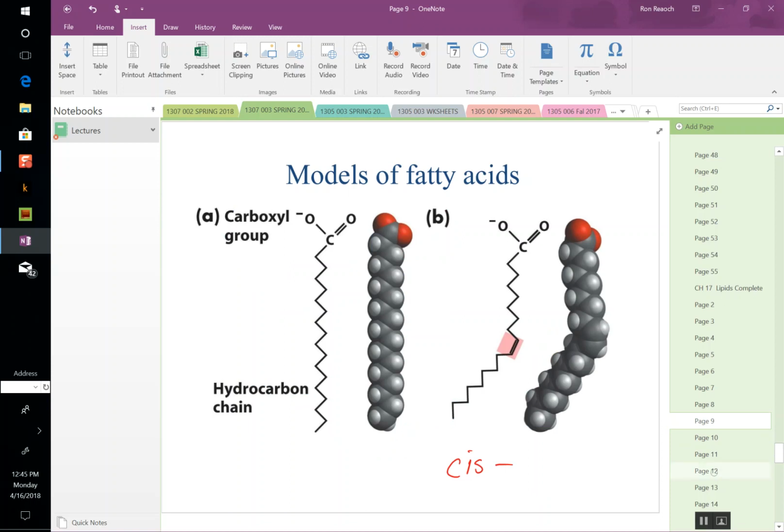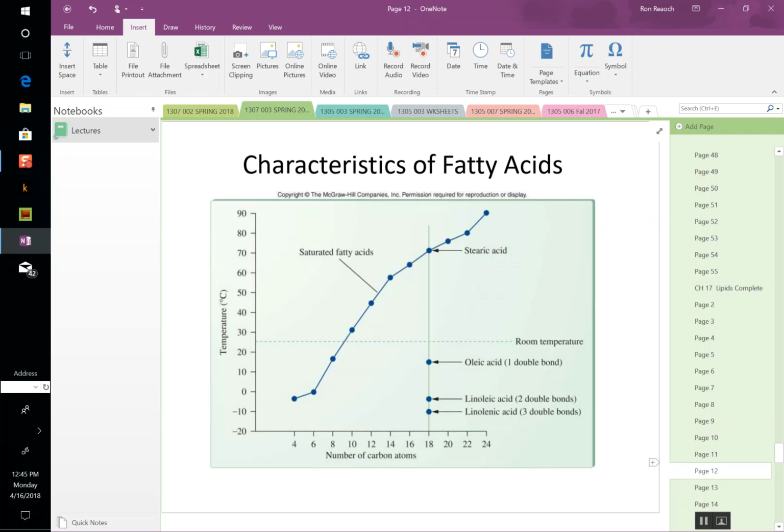Number 12. Okay, and the key point here, what are we looking at here? Melting points of fatty acids as a function of whether they are saturated or unsaturated. I just showed you stearic acid, 18 carbons long. It melts at 70 degrees centigrade. All right?